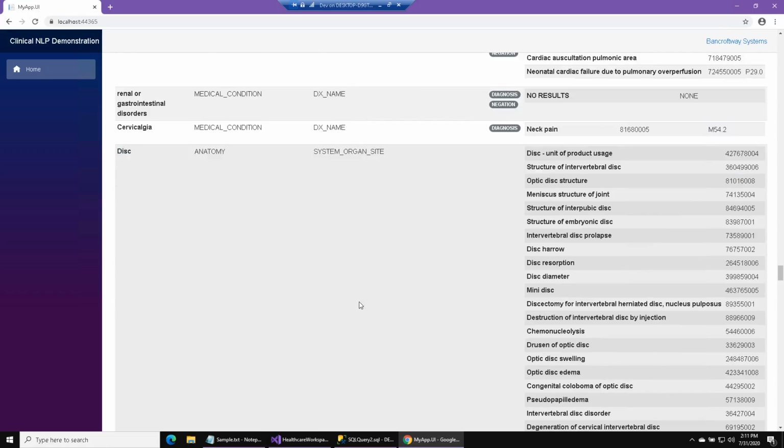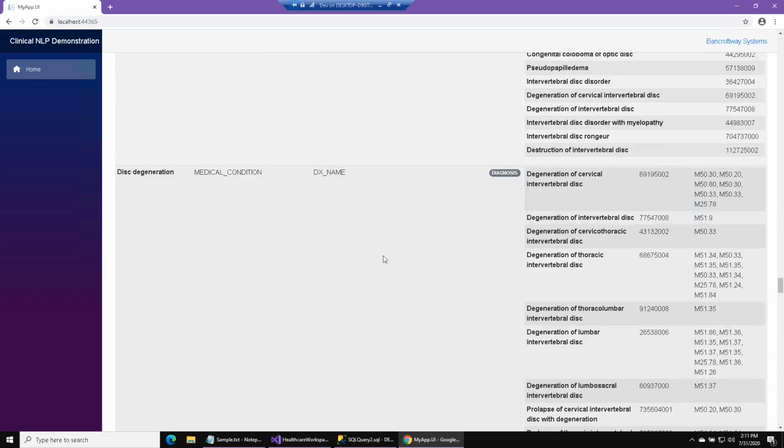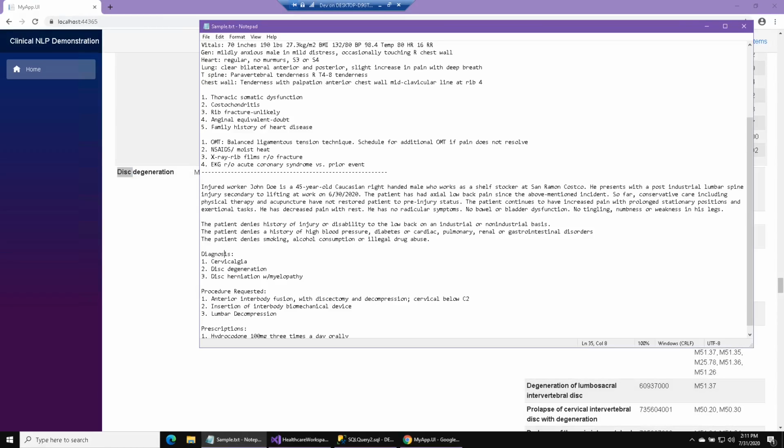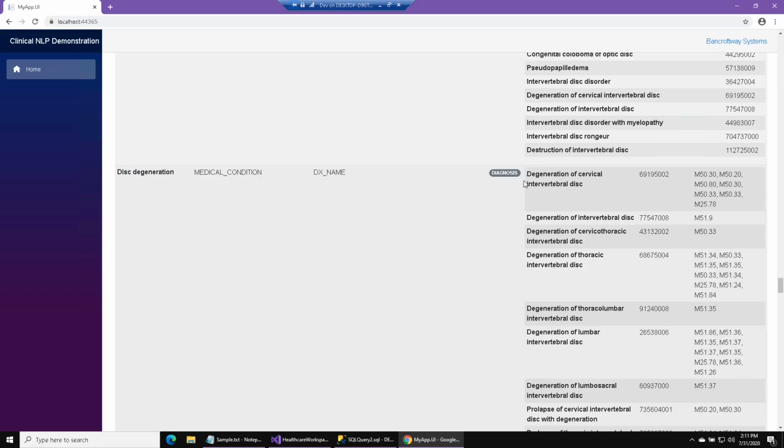Disc is picked up as a body part. Here's another diagnosis that the clinician has made, disc degeneration. If this was a UI based application, we'd ask the clinician to further disambiguate it, disc degeneration of what type.